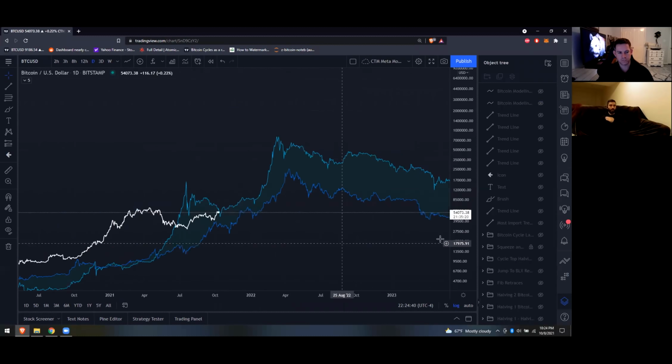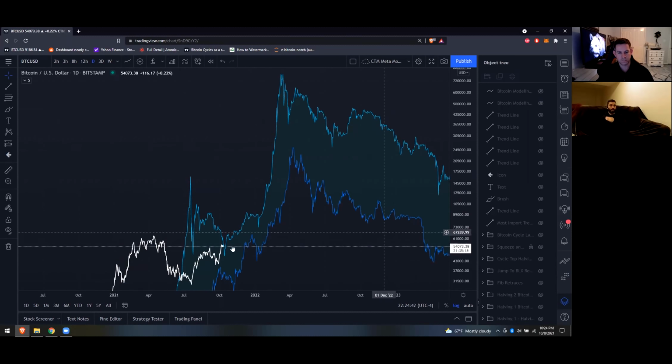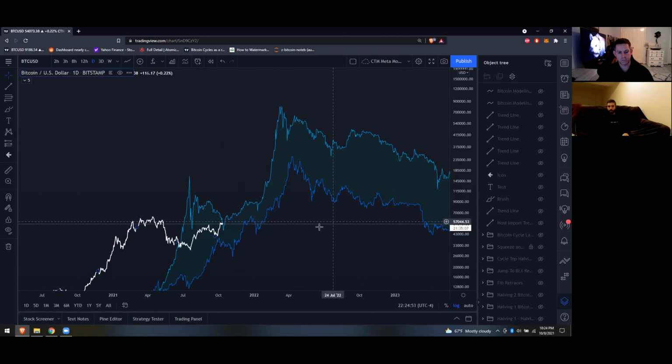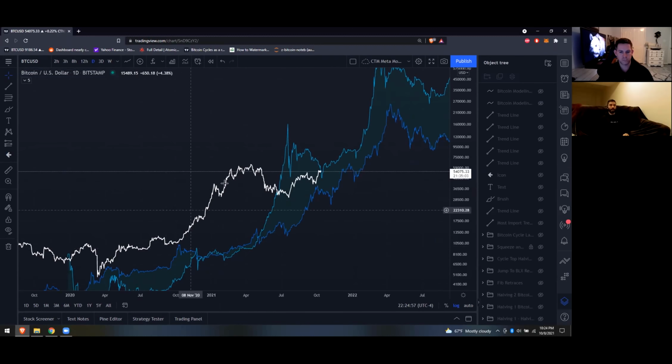So what I'm looking for is for price to play nicely either in this range, or if it broke out above this range, I would not be concerned, just because of what the Fed is doing. If it broke out above this range, I'd be like, well, cool, we kind of broke out above the range earlier in the cycle.